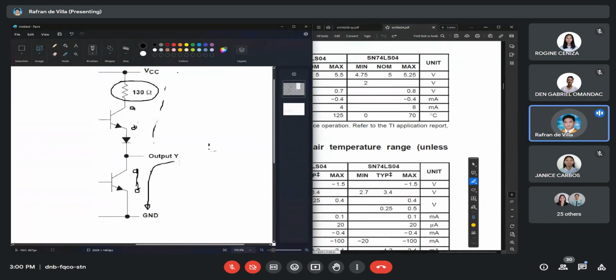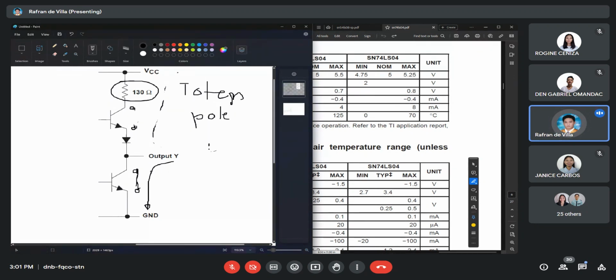So when it generates a low signal, it cannot pass toward this side. The low signal will only be shunted to the ground. So this output configuration, guys, we call a totem pole output.